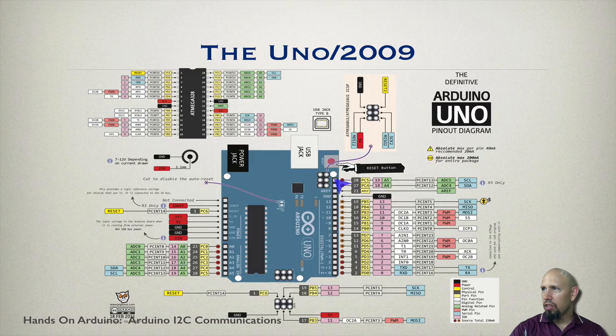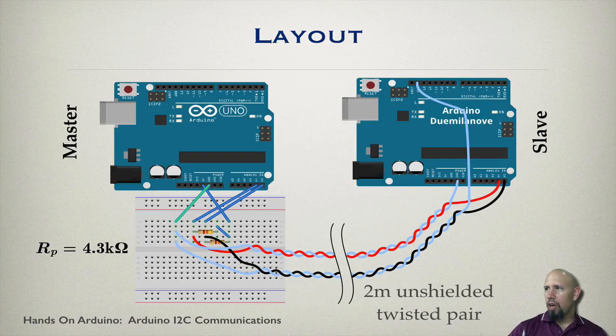The Duemilanove, the 2009 version, does not have these 2 pins. So we're just going to ignore those 2 pins for now, even though we know they exist. We won't use them. We're going to use these pins over here. Okay. So coming back over, we have the clock and the data.